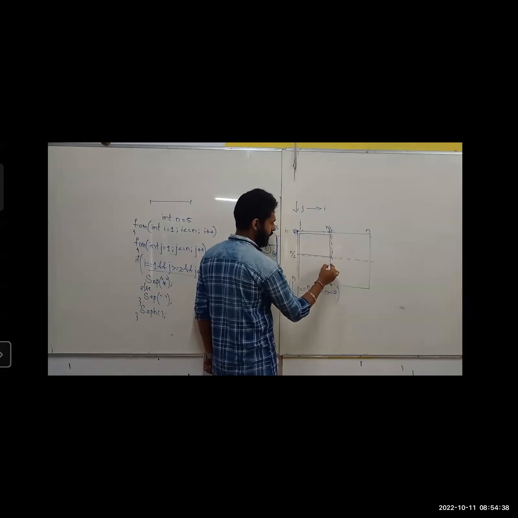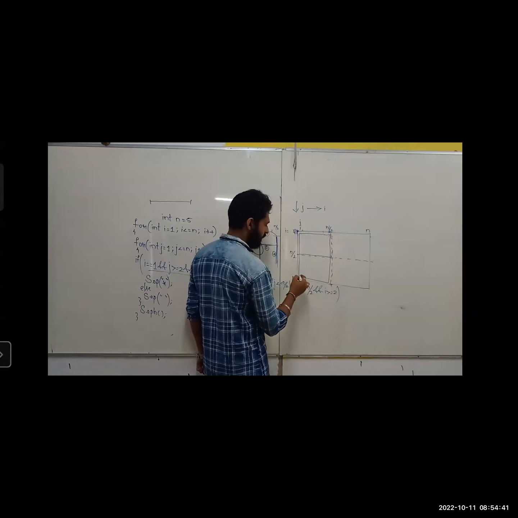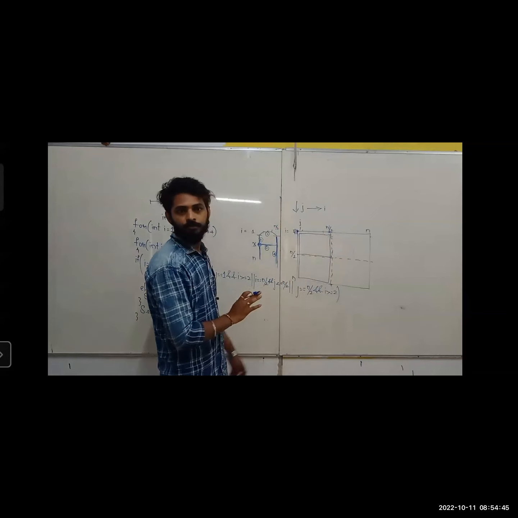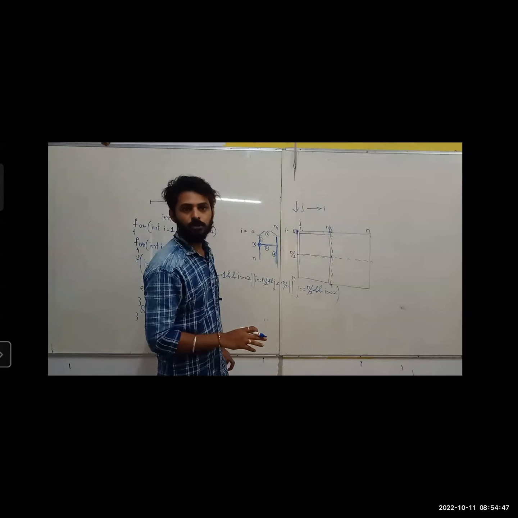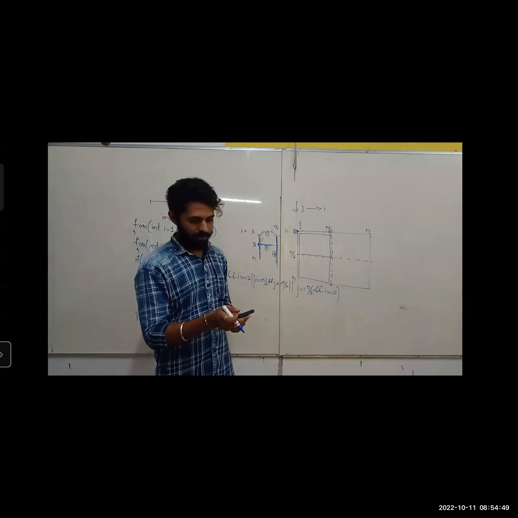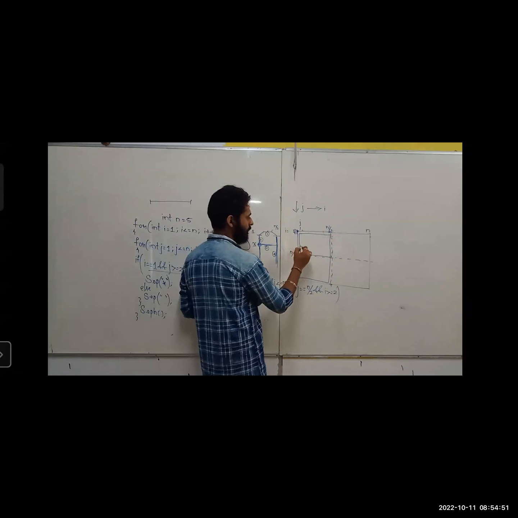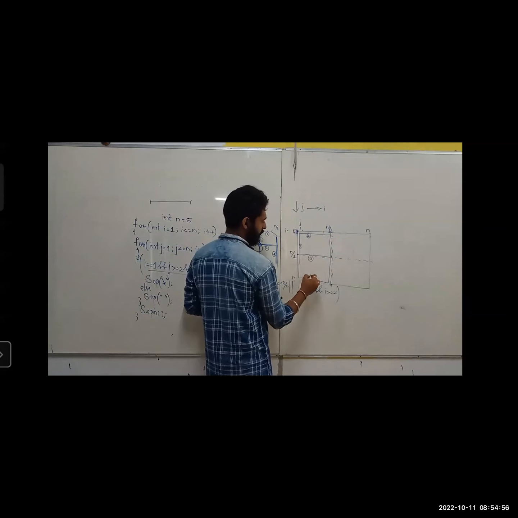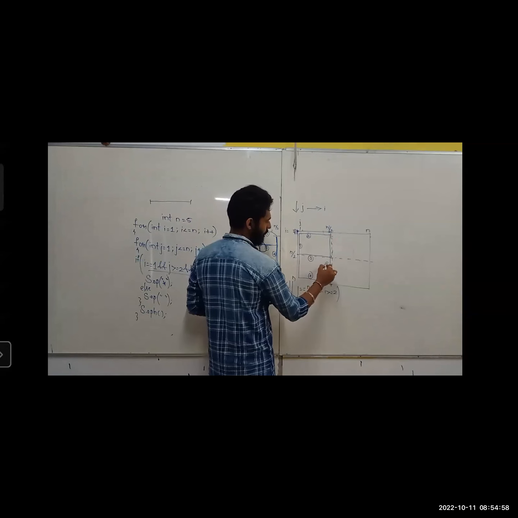But of course, it will not look like B. That is a different story altogether. But if I want to print this, what should I do, do all of you know? If I consider this as your 1, this as your 2, 3, 4, 5.